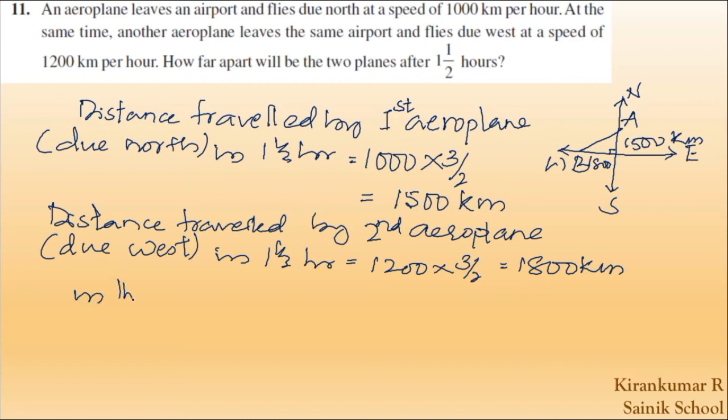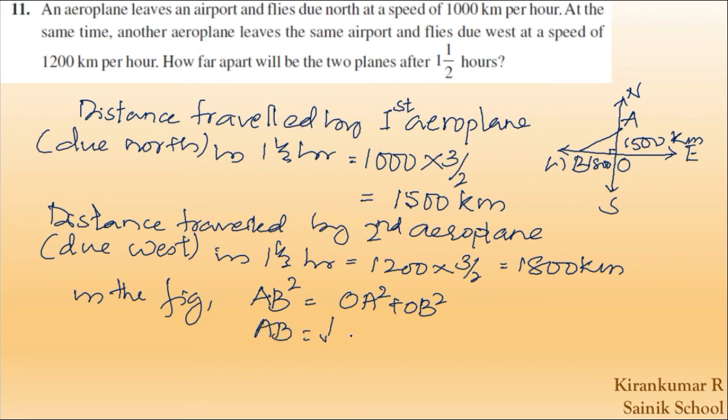So in the figure, AB represents the hypotenuse, so square on the hypotenuse will be equal to sum of the squares of other two sides. I have to mention this O here. So AB will be under root OA square is 1500 square plus 1800 square. 15 square is 225 and 18 square is 324.